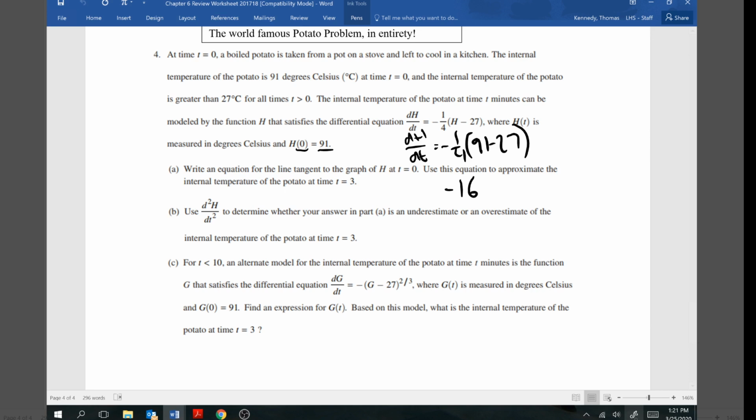And so that's my slope. And then we know the y-intercept, so to make an equation, all we have to do is negative 16t plus 91 equals y. And that's our tangent line approximation. If we plug in a 3 into this equation, we get 43. And so that would be the approximate internal temperature of the potato at t equals 3.